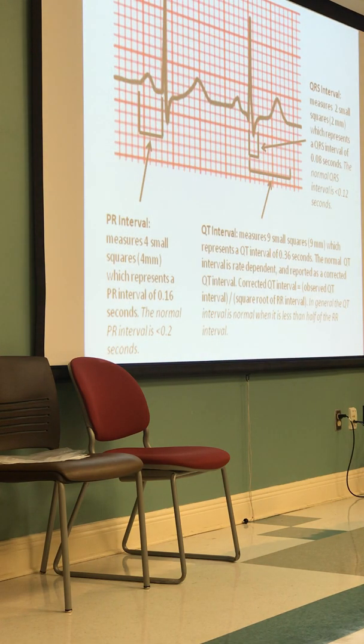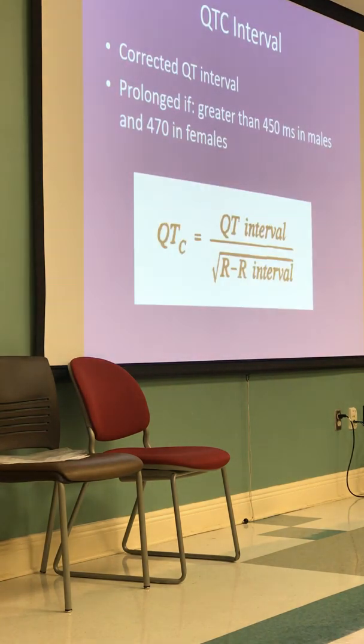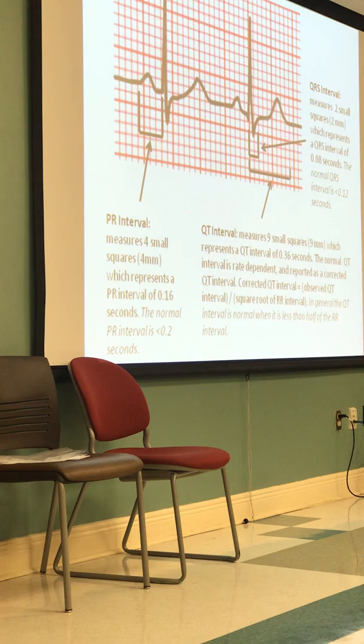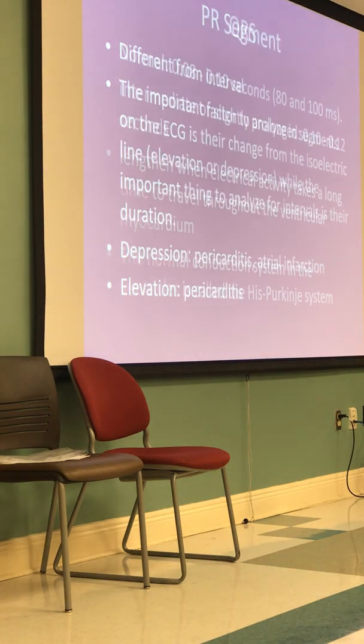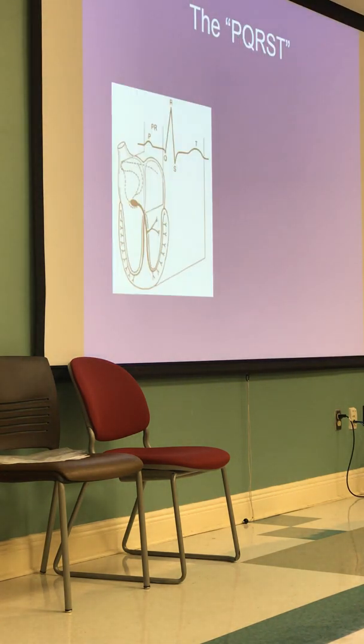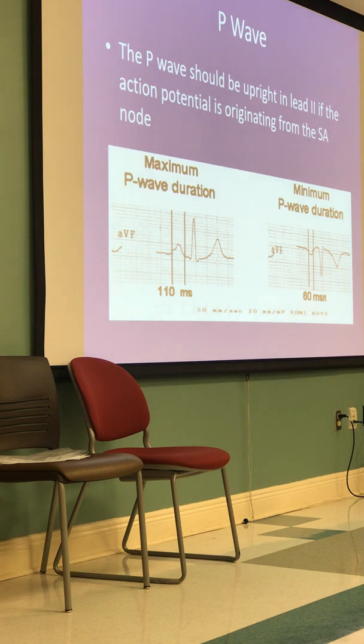Remember that your P wave needs to be upright in lead 2. If your P wave is not upright in lead 2, it means that the impulse is not originating from the SA node.